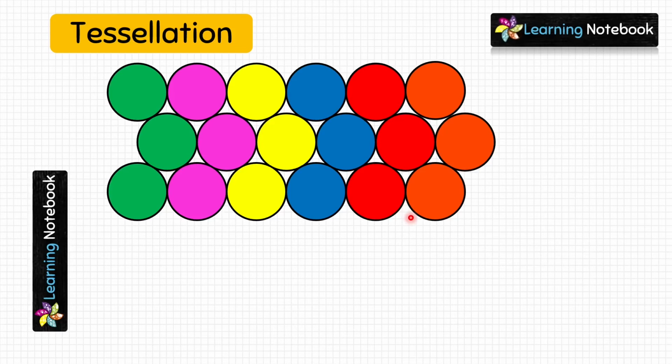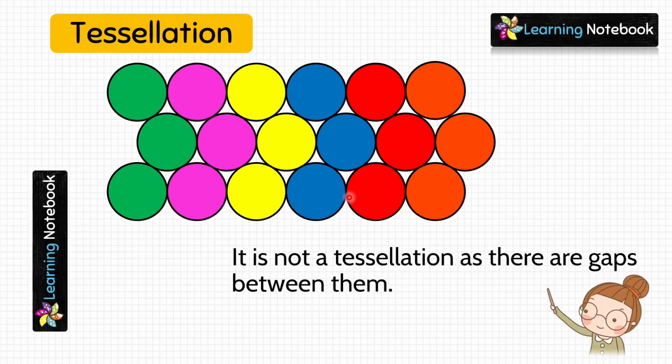No, this is not a tessellation because there are gaps between these tiles, these gaps. And as per rule number 1 of tessellation, there should not be any gap or overlap between tiles. So this pattern is not a tessellation.